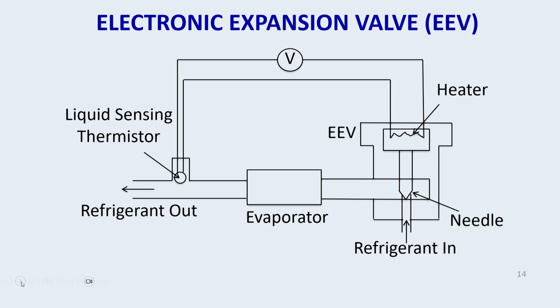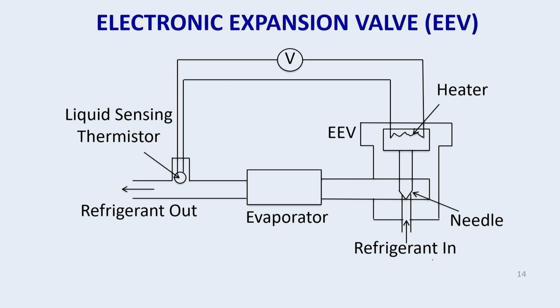Here you will see one heater, a voltmeter, current flowing, and a liquid sensing thermistor. This is the refrigerant. The needle moves up and down, in the upward as well as the downward direction.